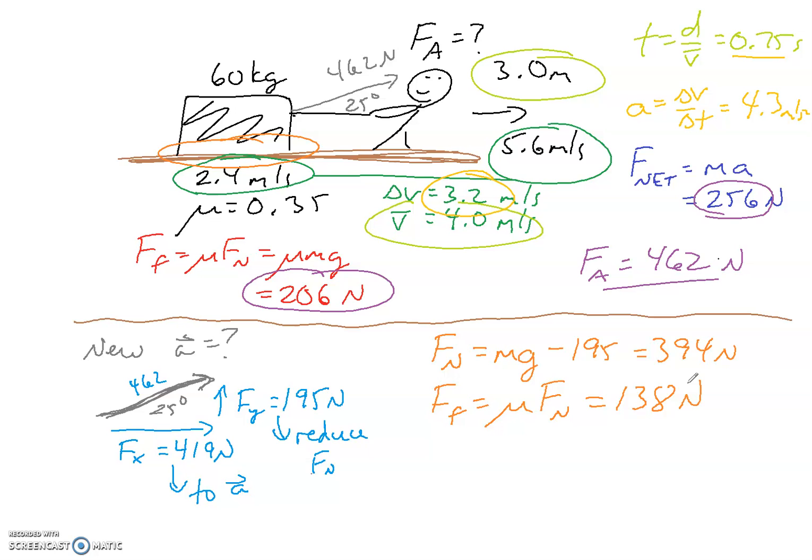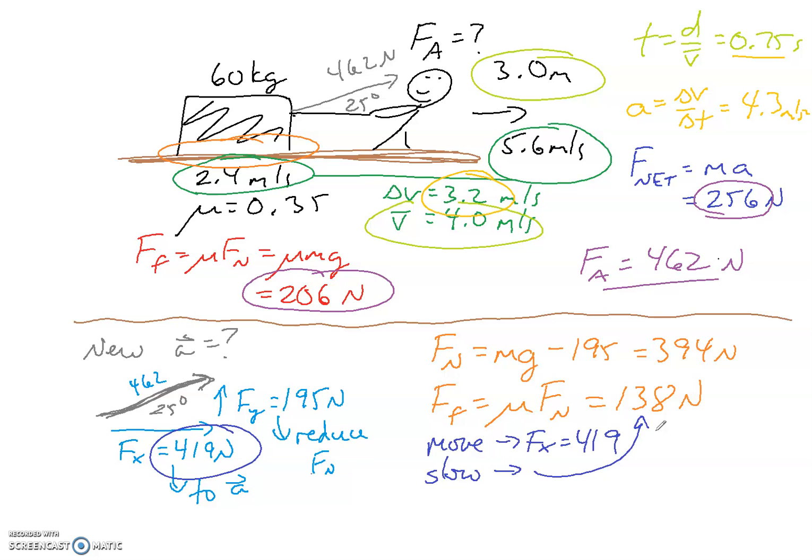So now I can find my net force the exact same way as before. If I look at what's trying to move the box, that is the 419. It's not the 462. Once you break apart the 462, you're not going to use it again. It's just the force in the x direction. That is the 419. In terms of my slowing force, that is my 138.